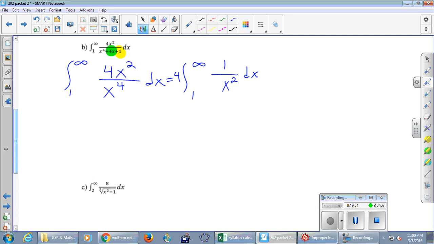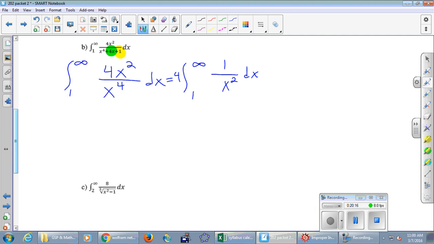But this 1 over x squared is one of our things in our list on the previous page. So let's go find 1 over x squared. We've got this useful integrals for comparison list. You have two different ones that say 1 over x to the p, but they have exactly opposite conclusions. So you've got to make sure you're reading the correct row, row 1 or 2.